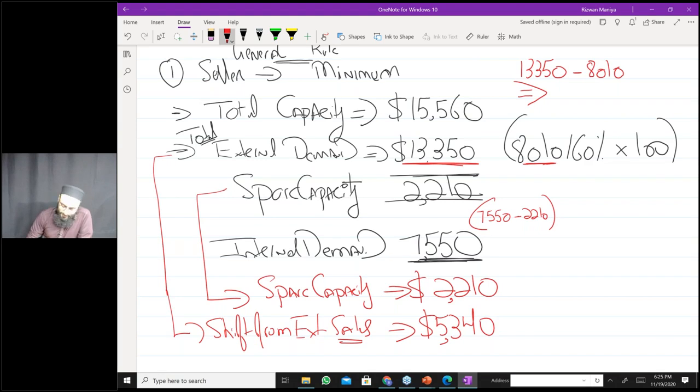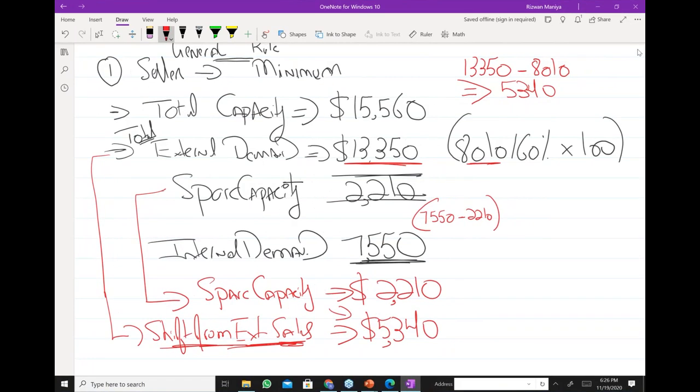And where? Yes, yes. Understood? Understood. Which means you are not fulfilling the external market by 5340 because you have shifted that external sales to internal sales.